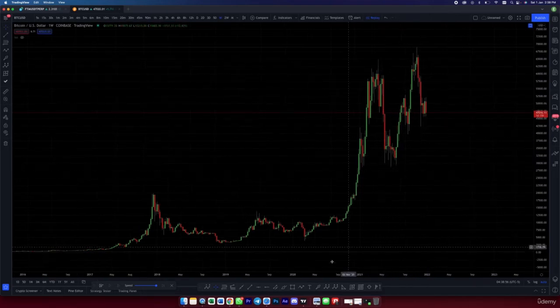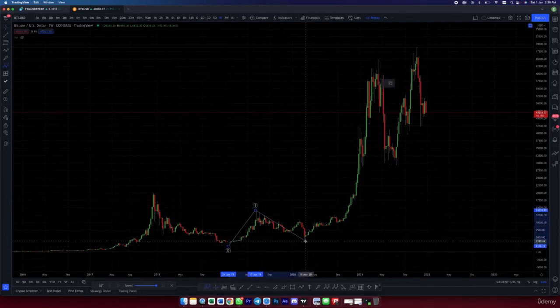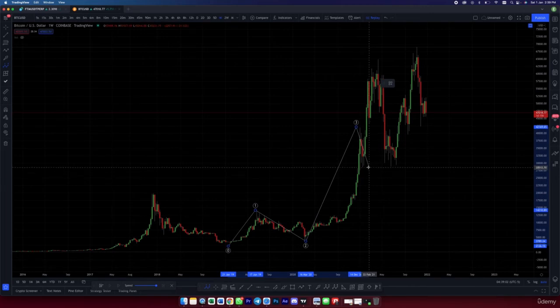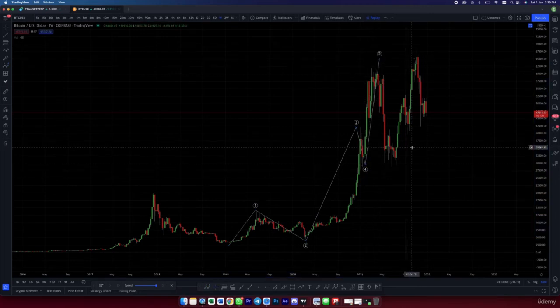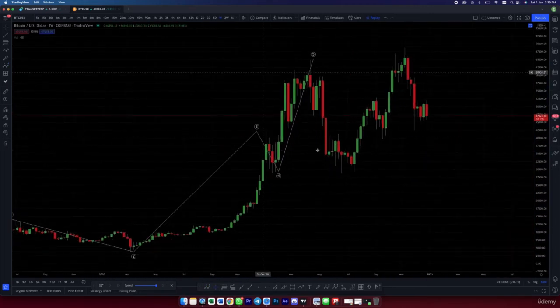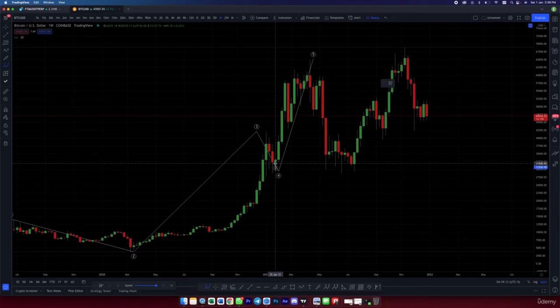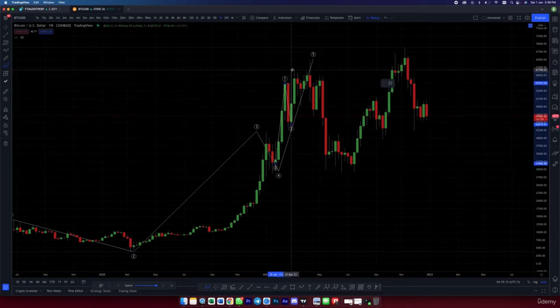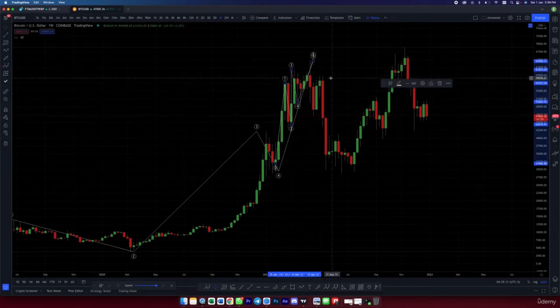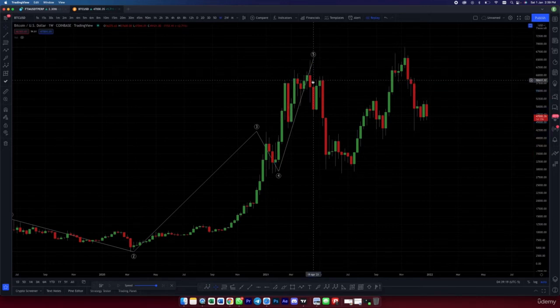So if we are looking at this structure and we are saying that this is 1, 2, 3, 4 and 5, that we discussed in the last lecture, where this was the ending fifth wave diagonal, and we also divided it. If you remember, we said this is 1, 2, 3, 4 and 5 on lower time frames, and we saw a rising wedge also.